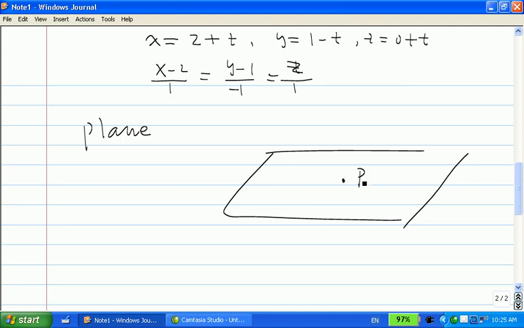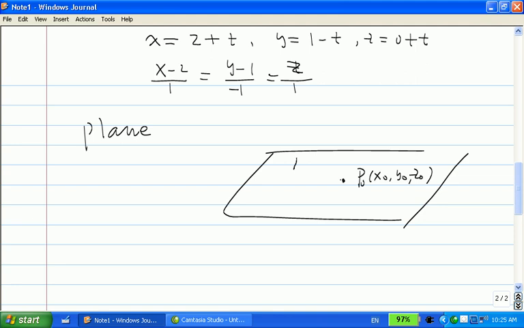We also call it P0, (x naught, y naught, z naught). So you're talking about a plane, and at least we know one point on it. How many planes can we make that contain this point? Obviously infinitely many. So we need more conditions.